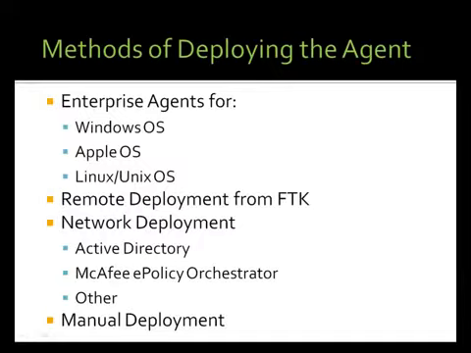For network deployment, we can use the Microsoft Active Directory, the McAfee ePolicy Orchestrator, or any other third-party software management utilities. And finally, through manual installation, we can manually install the agent executable and the required public certificate key on that remote machine.